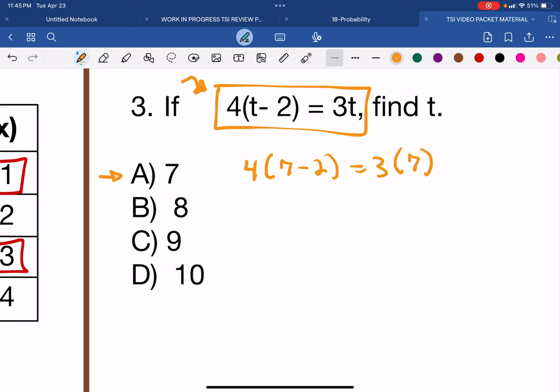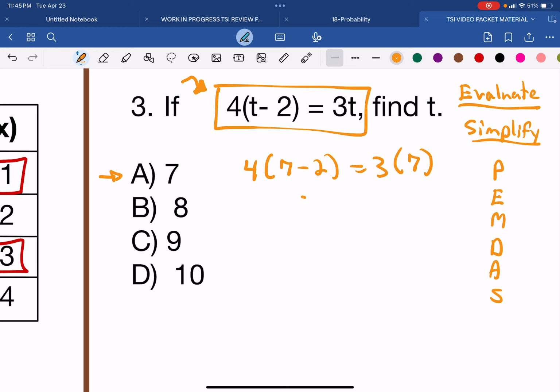Now I'm going to try to answer it. 7 minus 2. Some of y'all might have problems with this. Every time you're evaluating, keep in mind you're always simplifying, and when you simplify, you have to use PEMDAS. Not SADMAP, PEMDAS.